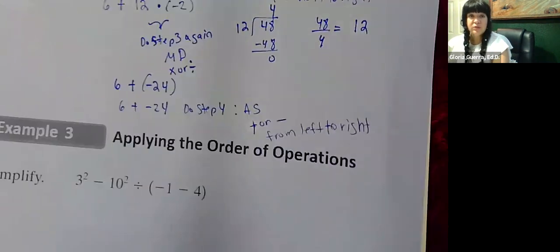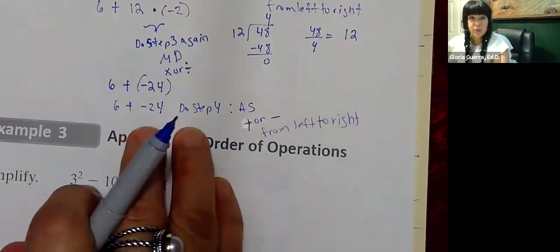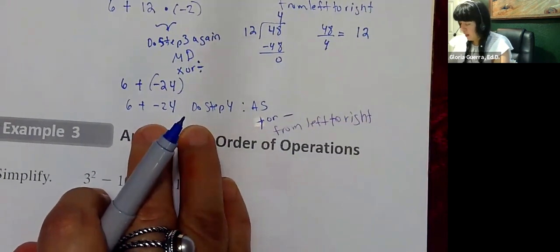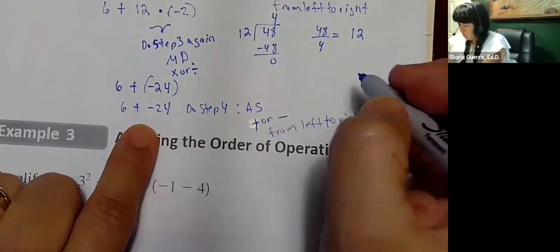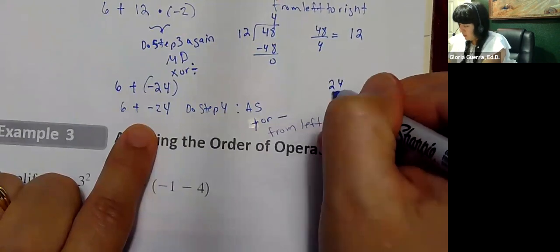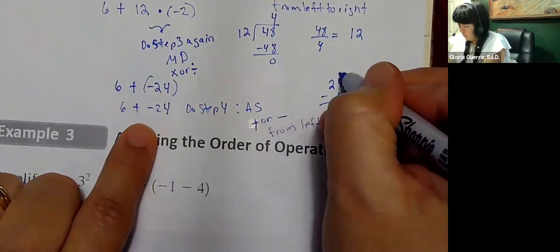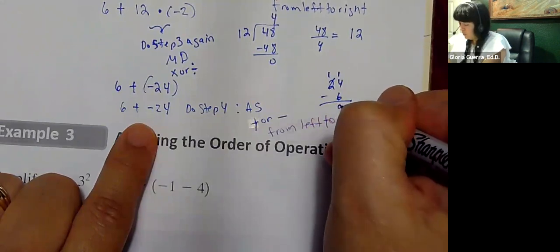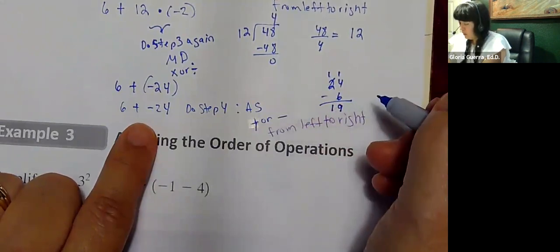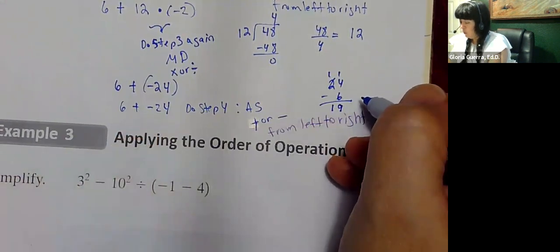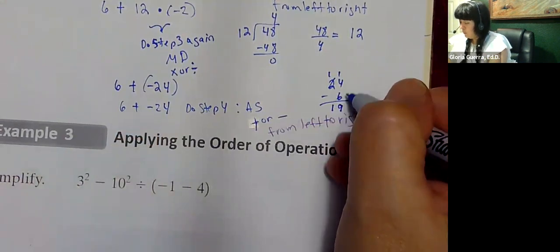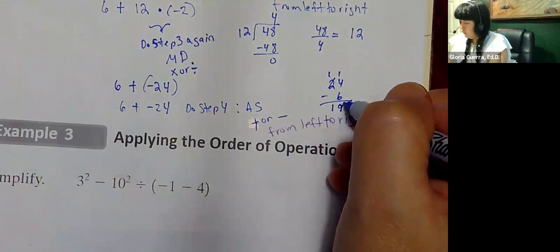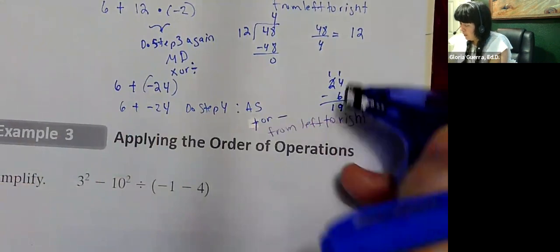And so actually, when you're adding two numbers with different signs, you actually have to subtract. That's the rule. So you're going to do 24 minus 6. 6 and 6 is 12, 13, 14, so it's actually going to be 18, right? 18.